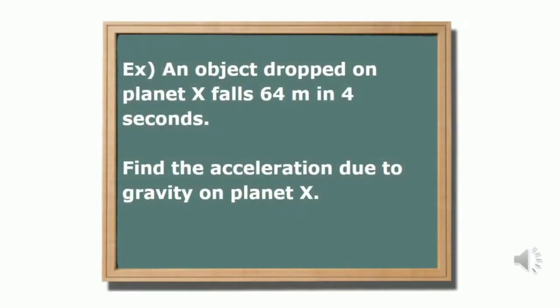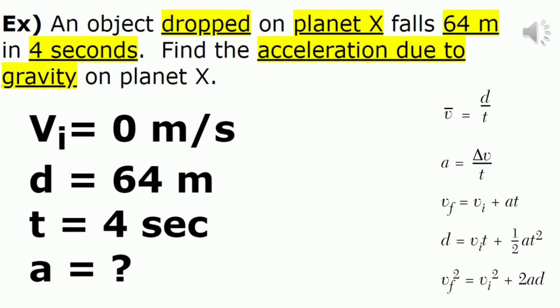Example 4. An object dropped on planet X falls 64 meters in 4 seconds. Find the acceleration due to gravity on planet X. Step 1 is to underline all the important words and numbers that will help us find an equation. Since we see the word drop, we know that the initial velocity is 0. When we scan the equation sheet to find the one that matches the four variables that we have, we see the fourth equation fits.